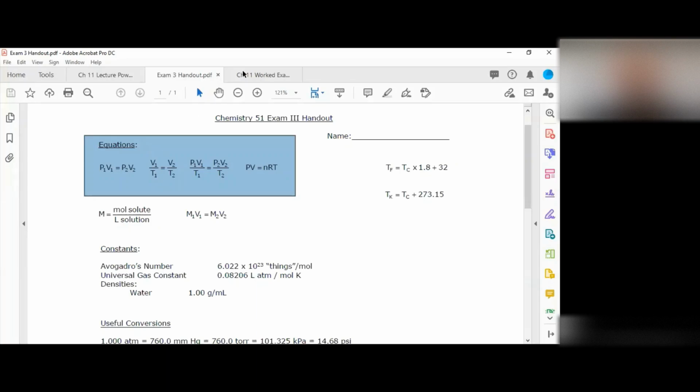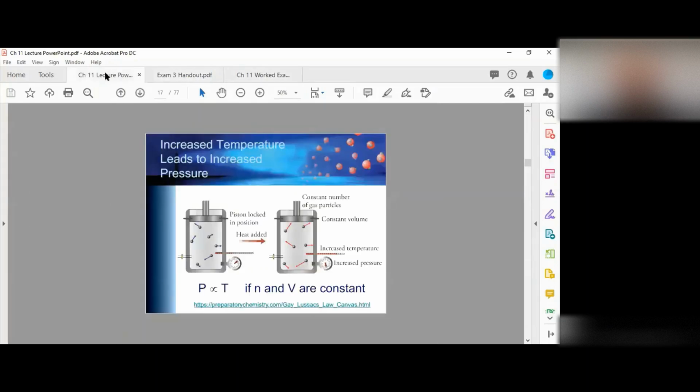And the third law, which we're going to be talking about now, is Gay-Lussac's law. Gay-Lussac's law relates pressure and temperature.